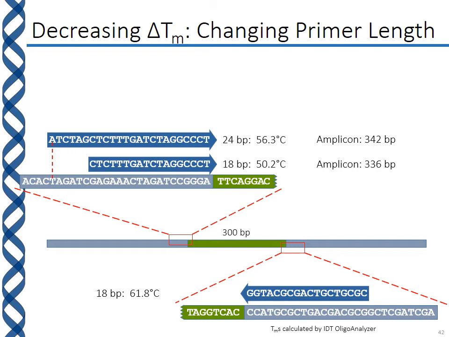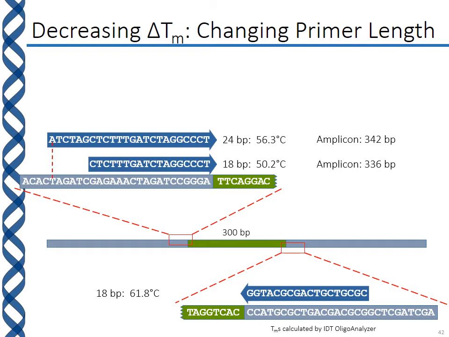Because of the additional length of the primer, we do add a little bit more to the final amplicon. So we extended the primer itself by 6 base pairs, which means that the final amplicon is also 6 base pairs longer.